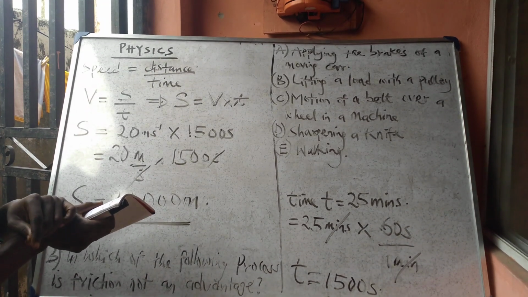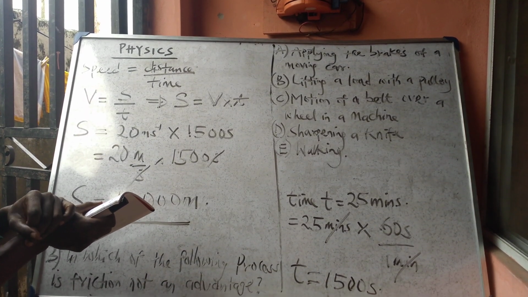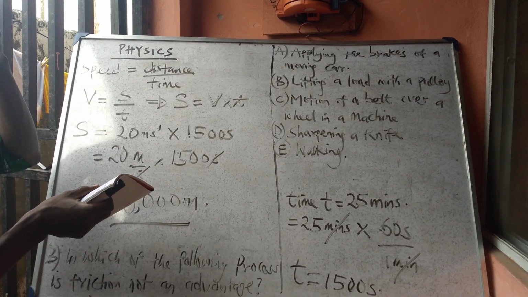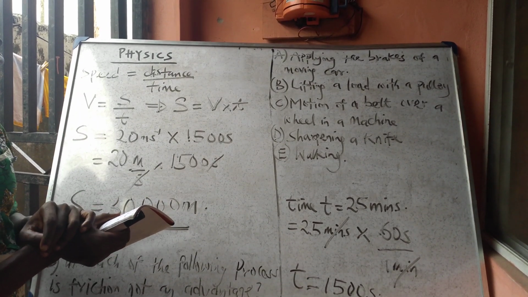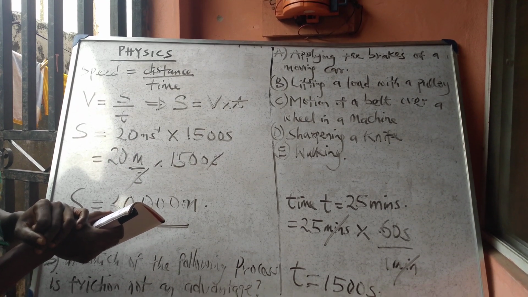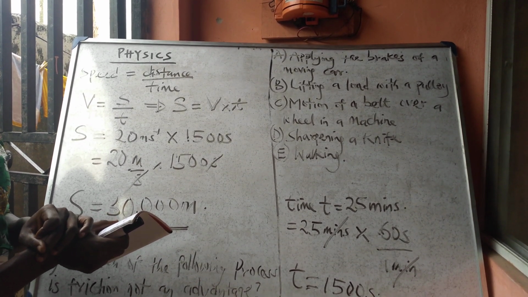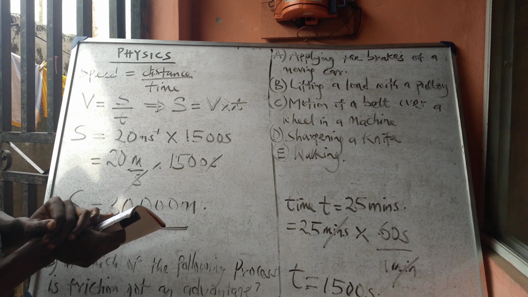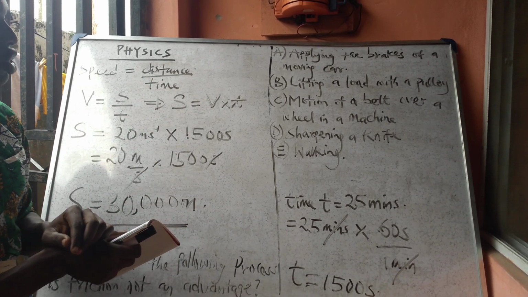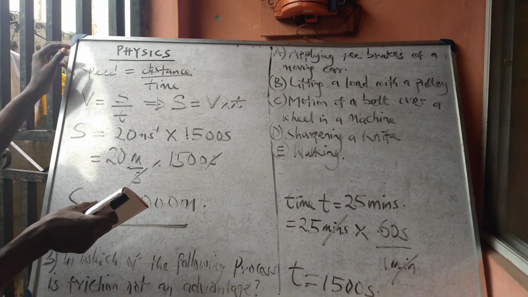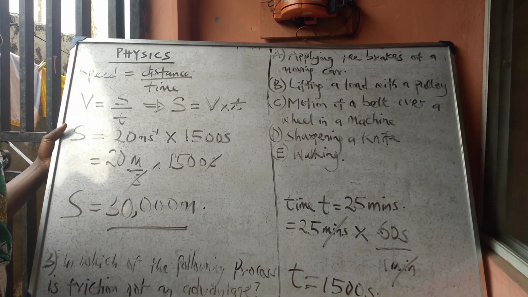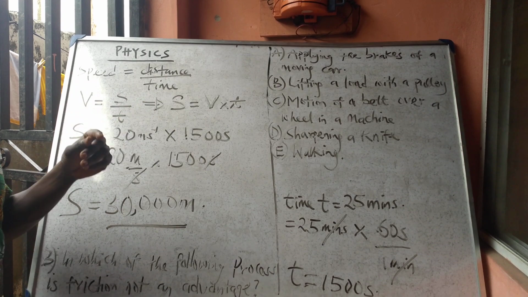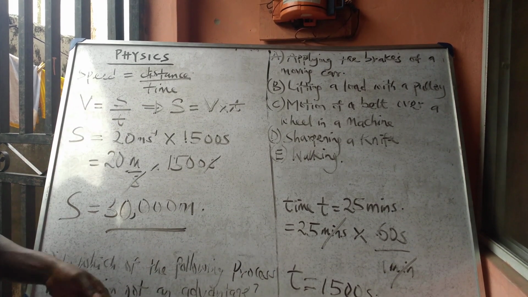Then look at B, lifting a load with a pulley. This is not actually a merit. This is not an advantage. But if you look at C, they say the motion of a belt over a wheel in a machine. Yes, in most of these industries, you see these belts and chain drives, they function on the principle of friction. Then sharpening a knife. In a grindstone, you apply the principle of friction when sharpening a knife.